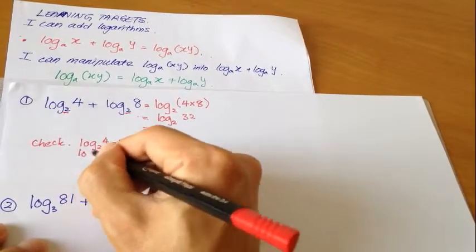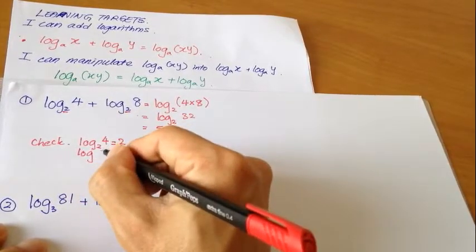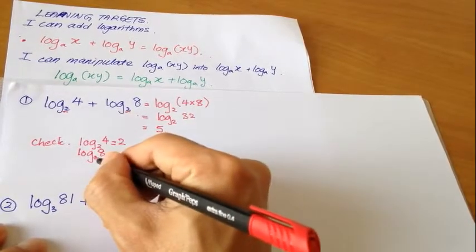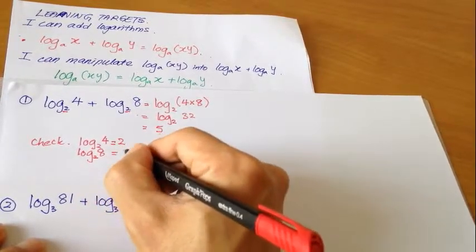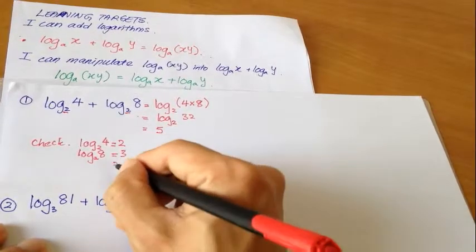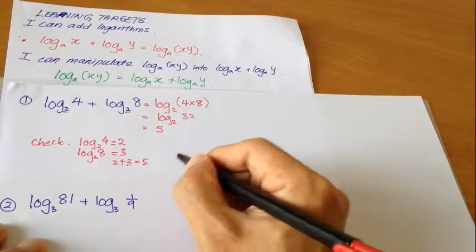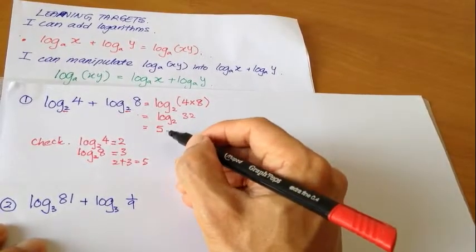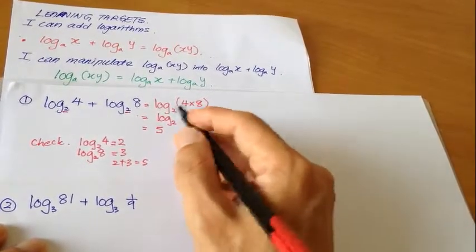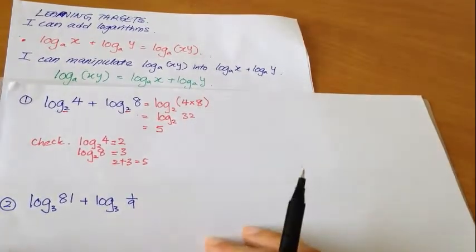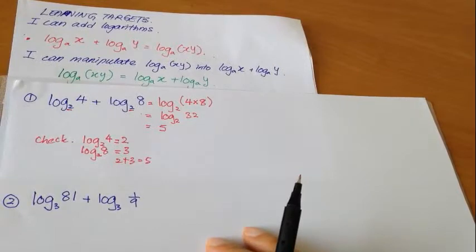And next, logarithm 8 base 2: how much must the base 2 be raised to get 8? The answer is 3. So you can see that 2 plus 3 is equal to 5. And that is precisely the answer we obtain by taking the product of the factors.